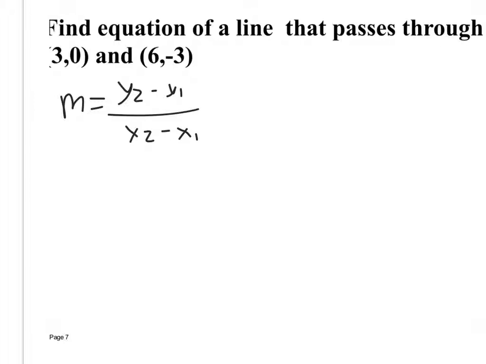Is that an x coordinate or a y coordinate? 3 would be an x coordinate, right? The first number is always the x. So you want that x1 or x2? X1. All right. So 0 would be? Y1, right? X and y go together. So 6 would be x2, and negative 3 would be y2. Good.